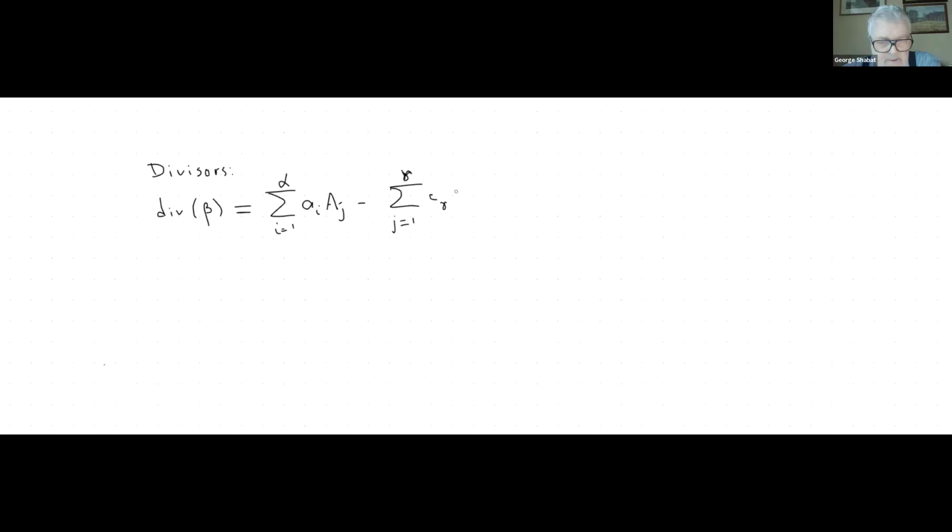That's it. And then there is a restriction for the divisor of beta minus 1.